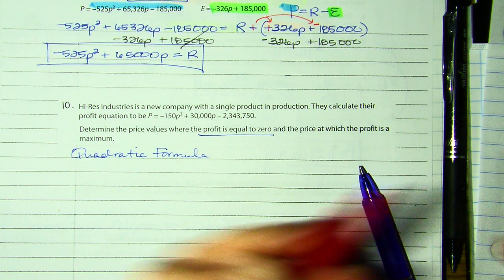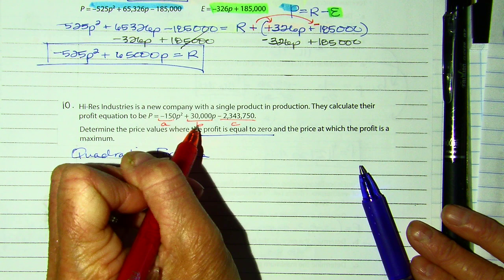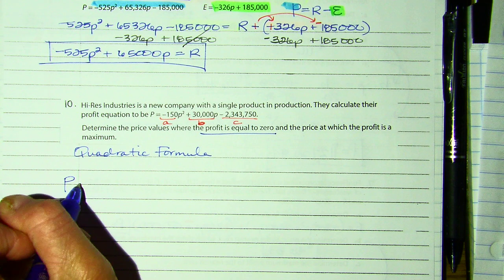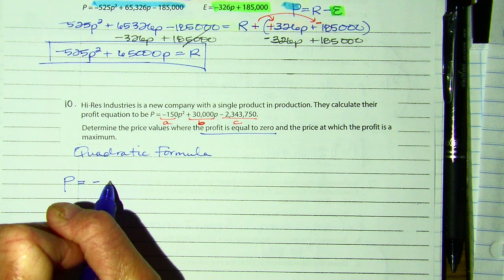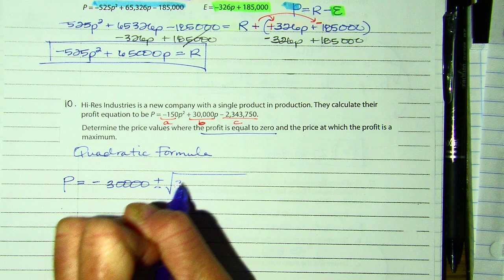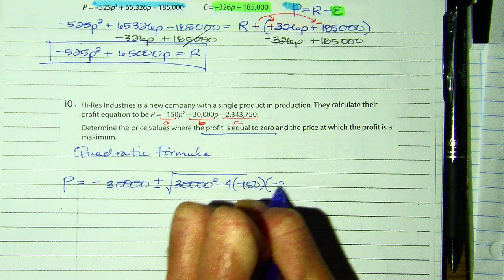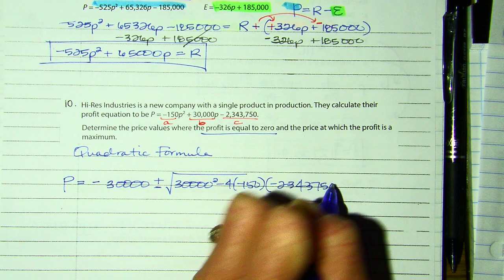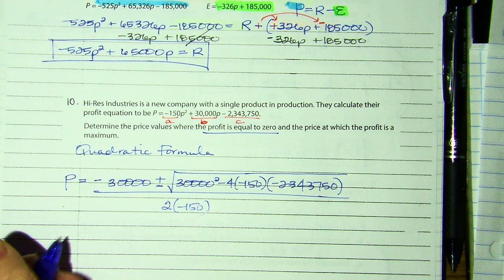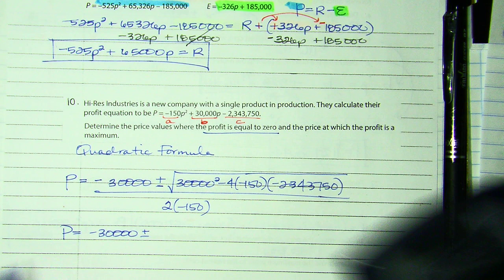And so I'm going to identify, here's A, B, and C. So profit, when it equals 0, is a negative B plus or minus the square root of 30,000 squared minus 4 times A times C all over 2 times A. So I end up with negative 30,000 plus or minus, and we're going to simplify what's inside the square root.